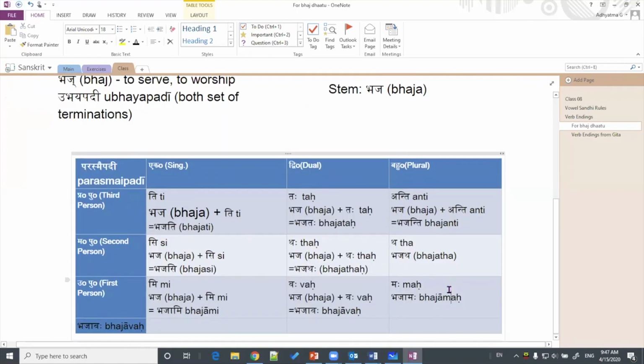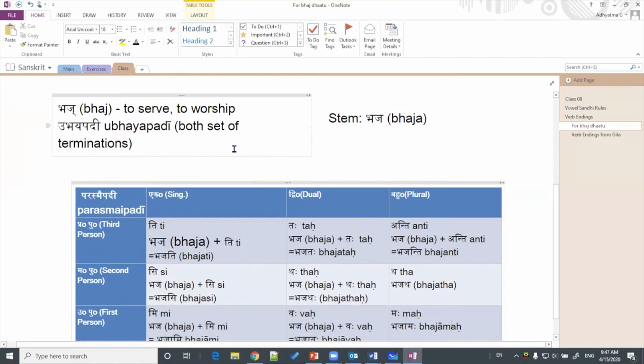Bhajāmaha. So you see how easy it is actually to make the forms, particularly for those stems which end in a, as long as you know the stem. And in the dictionaries, when you see this root, for example bhaj, it also gives you this form, third person singular form, bhajati.